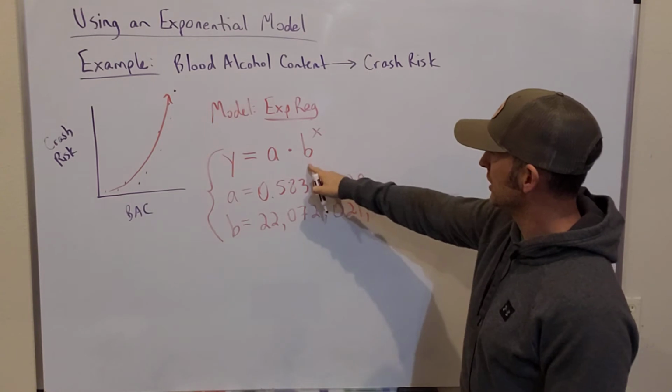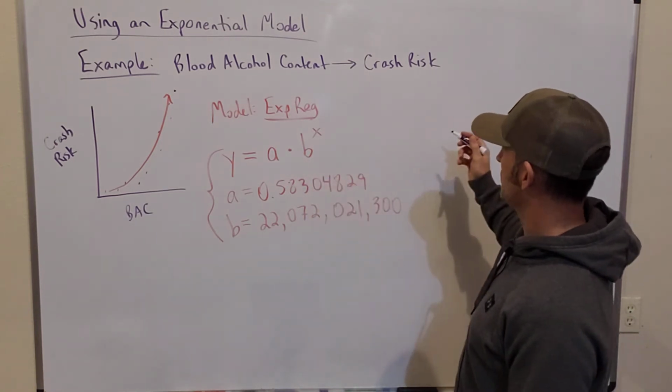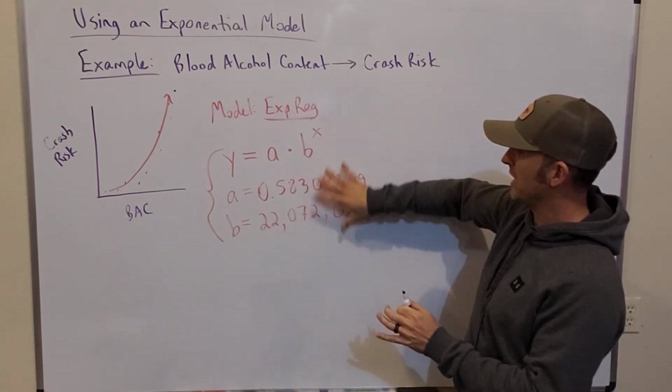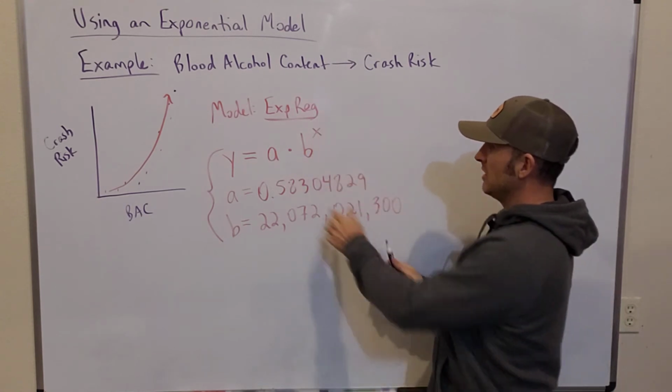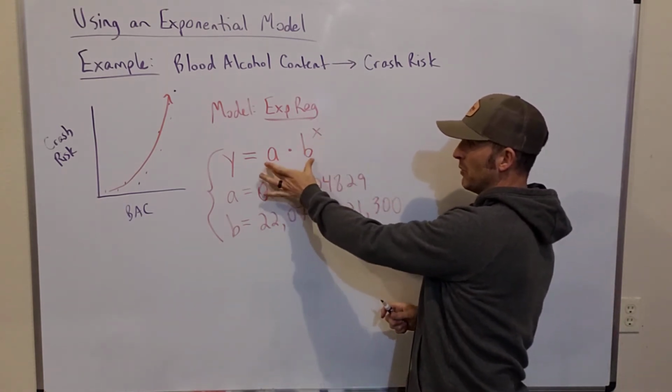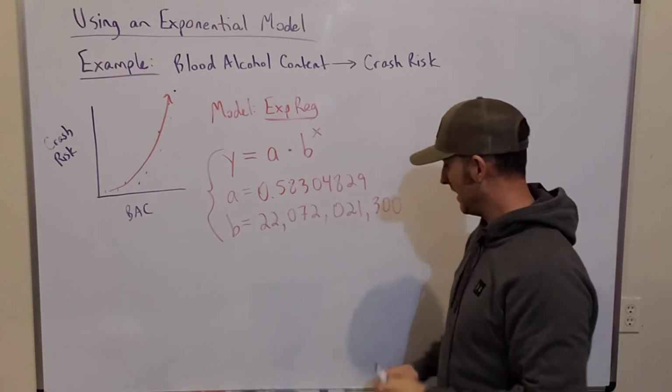So let's use this model to answer questions. What I'm going to do now is rewrite our function. Instead of a times b to the x, I'm going to rewrite it using this a and this b.